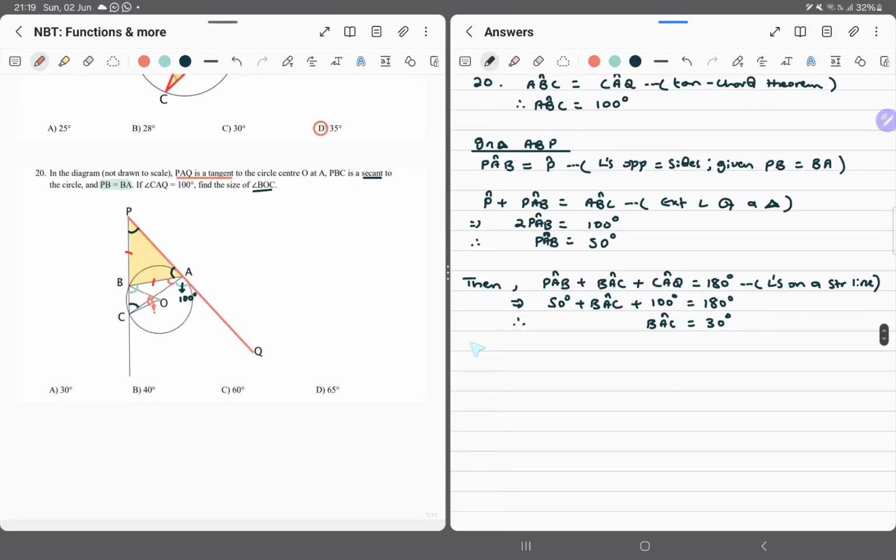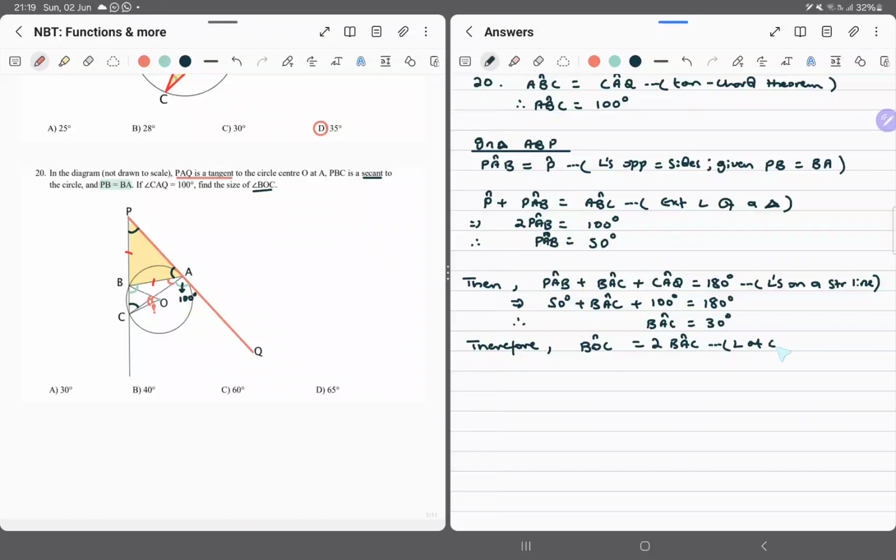We can say here, therefore, we understand then that angle BOC is equal to 2 times angle BAC. Why?